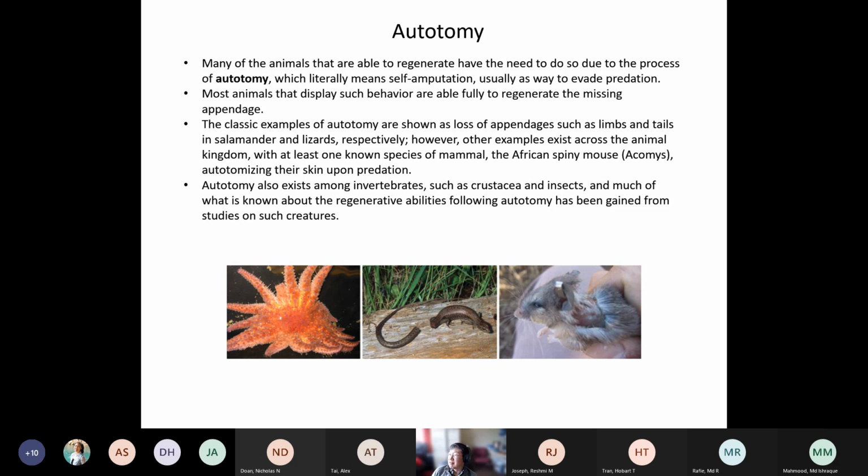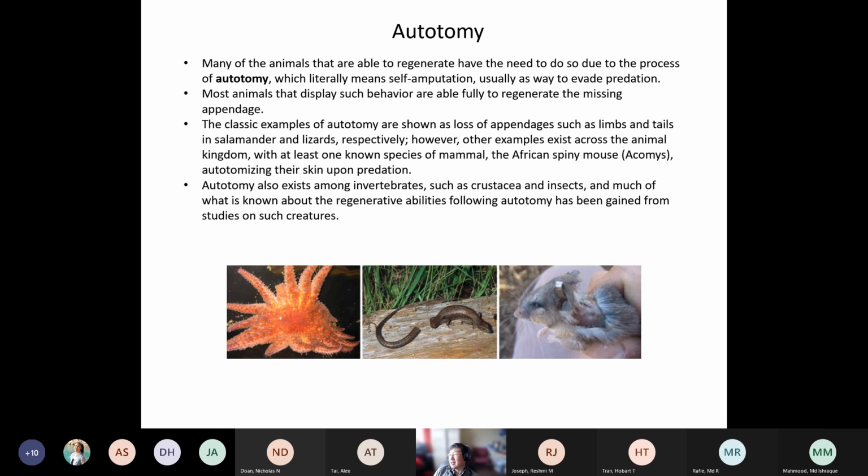This phenomenon of course occurs naturally in the animal world, but scientists noticed that, and animals that do autotomy have become really good model systems in the field of regeneration. We have a few examples, such as the autotomy of limbs and tails in salamanders and lizards, right?